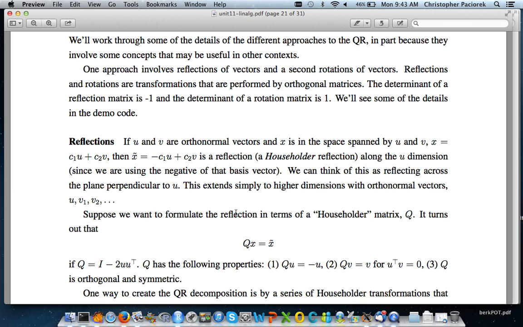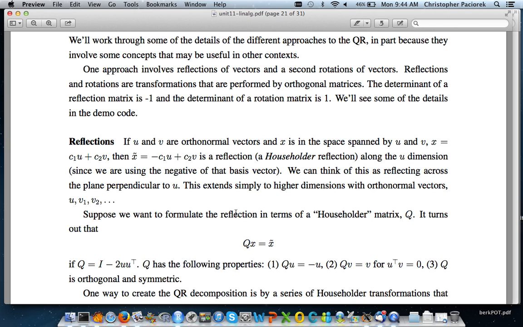It turns out that the way I can do this reflection is by taking Q times x, and the way I come up with Q to reflect along the direction u is that the Q matrix is constructed as I minus 2 u u transpose, for a basis vector u that tells us about this direction here. So that will do this reflection here, and this matrix is orthogonal.